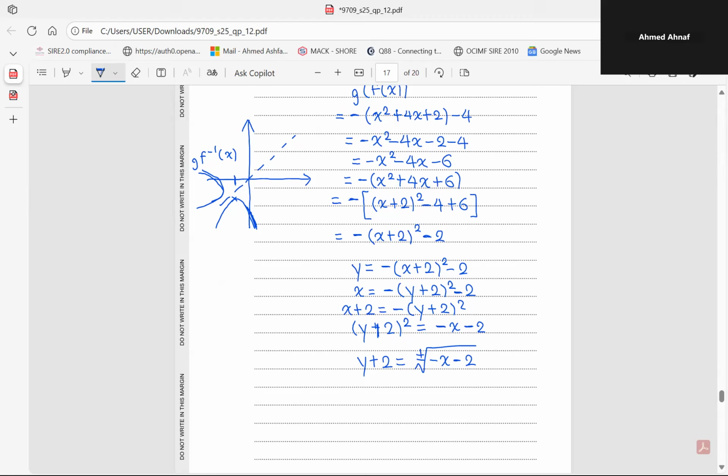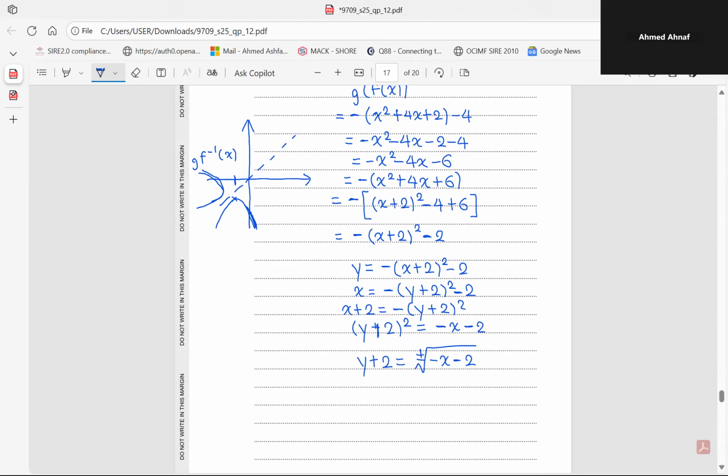So all of our x values are negative, so x has to be more than or equal to negative 2. Okay, so yeah, it has to be that.